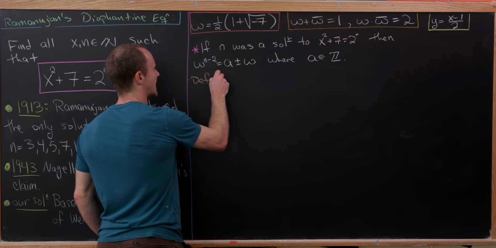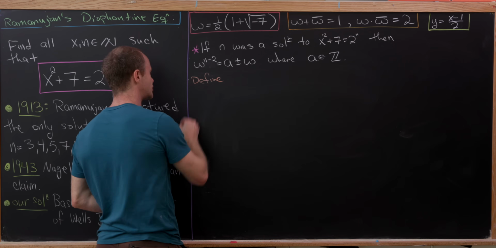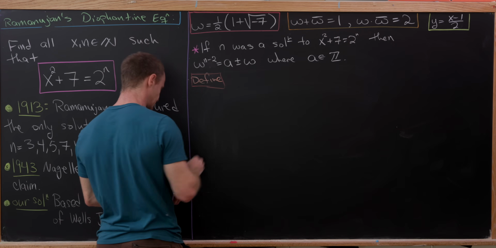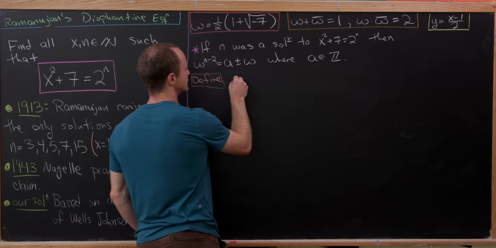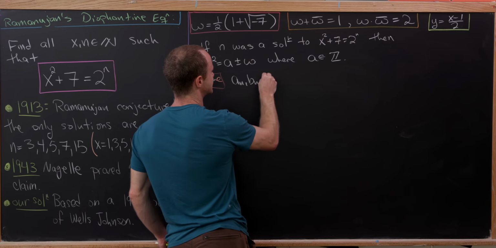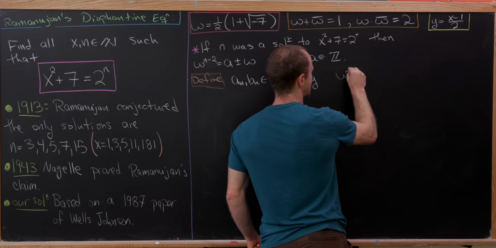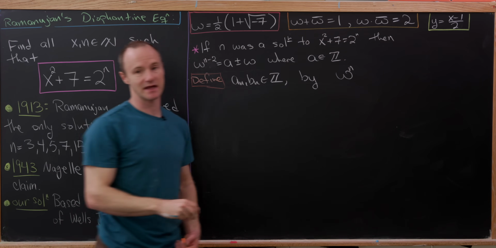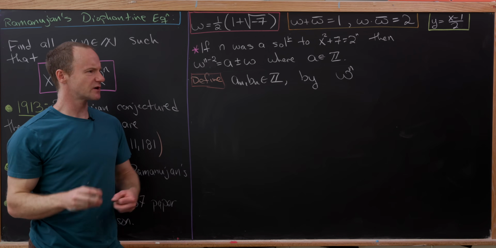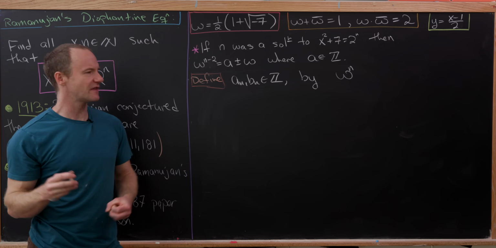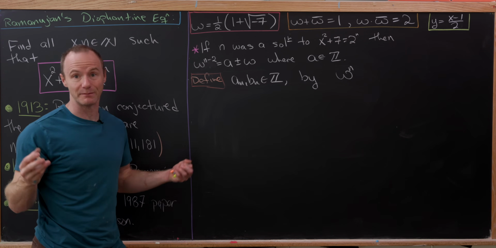So what I'll do now is define two linked sequences of numbers. And those will be called a sub n and b sub n. They'll be integers, and they'll be defined by the expansion of omega to the n. And now here's where it gets a little bit unnerving, but I think it's okay. And I think this is really the best way to do it.